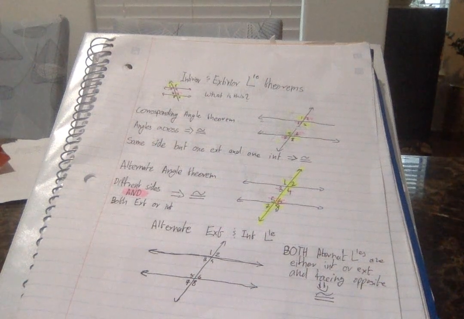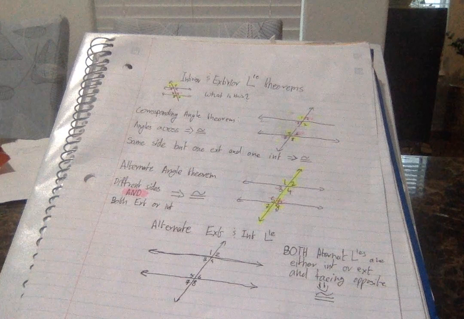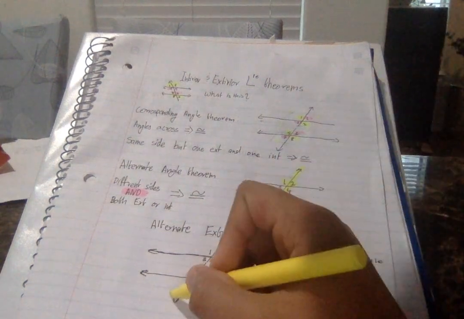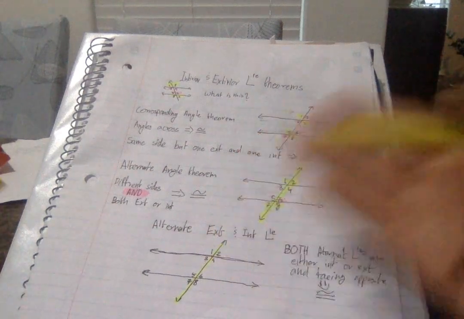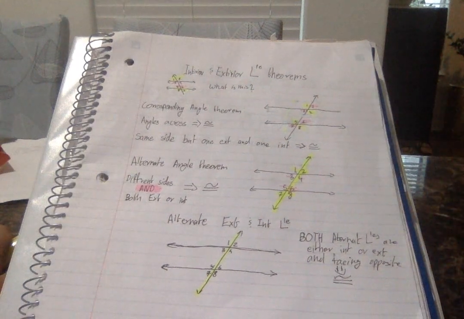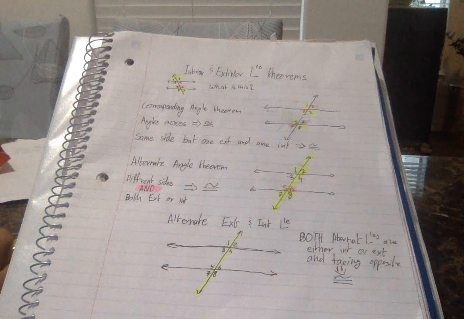Time for alternate exterior and interior angles. This is two of them combined into one. So in this, if both alternate angles are either exterior or interior and are facing in opposite directions, they are congruent. So if both alternate angles, that means if they're on either side of the transversal and either of them are interior or exterior and are facing away from each other.